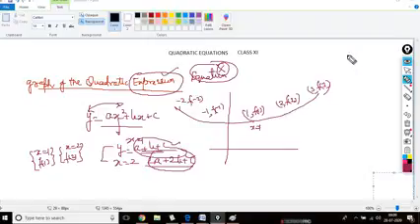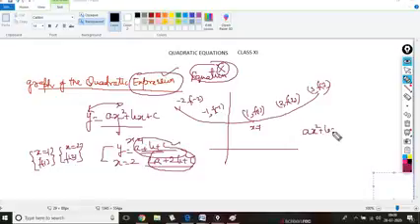The collection of all these possible values together comprise the expression, whereas the equation will be at only specific values. If I am saying ax square plus bx plus c equal to 0, then it means those values of x for which this is equal to 0.